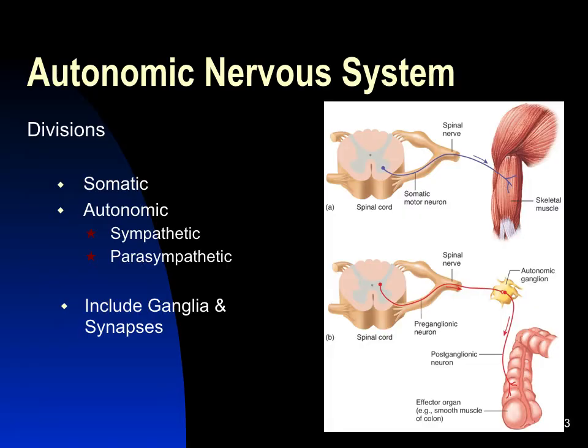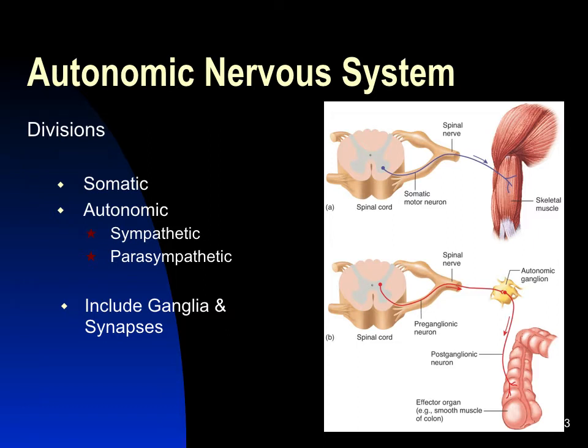And so we've talked a little bit about somatic nerves going to muscles. These generally arise from the ventral part of the spinal cord, the ventral horn, and these motor neurons are going to go directly to the skeletal muscles. But in autonomic nerves, it's different. Autonomic nerves arise from a different part of the gray matter in the spinal cord. More likely it's going to be a lateral area.